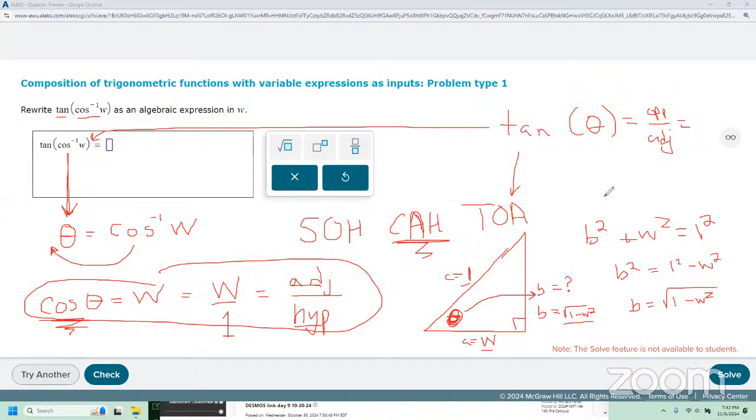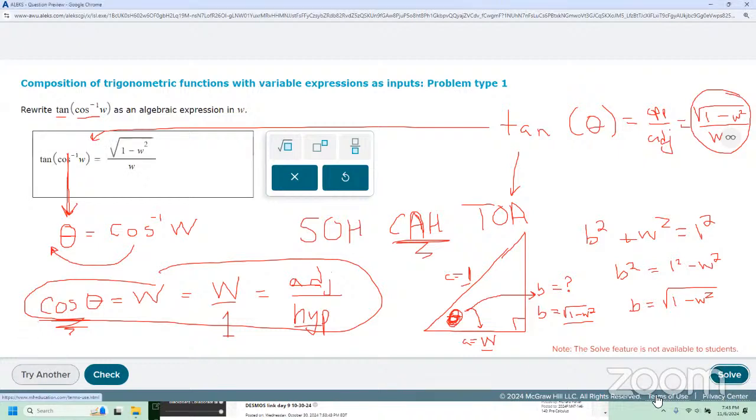B. Thank you, Alexis. So B is the square root of 1 minus W squared. What's the adjacent, not the hypotenuse? W. Thank you, Dennis. So the answer is going to be all of this: the square root of 1 minus W squared, over W.